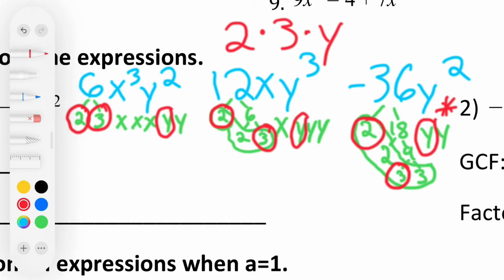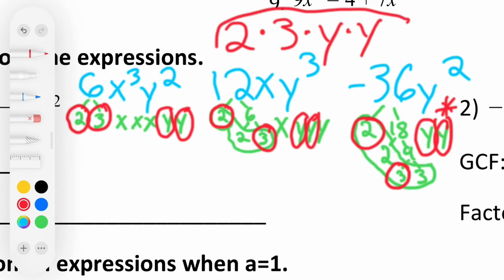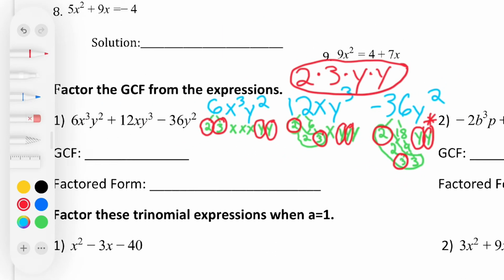Now you have to ask yourself, is there another y in common? Yes. 1 y, 1 y, 1 y. So there's another y involved in our GCF. Can we get another y under each term? Is there another y in common? No, there's not another y under the 6. So this is creating our GCF.